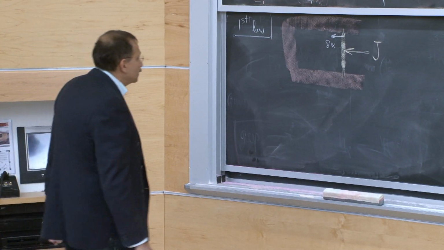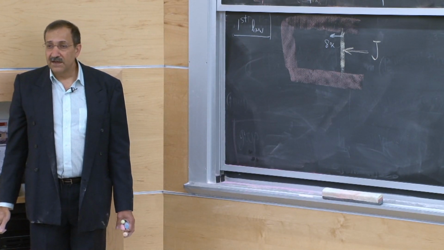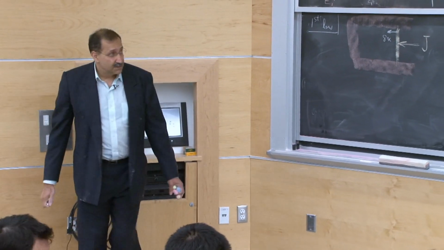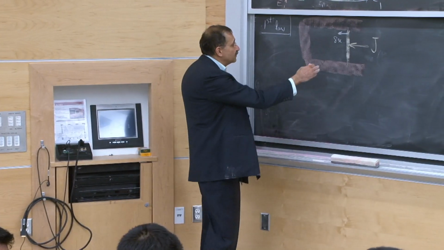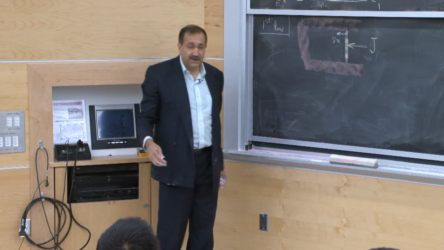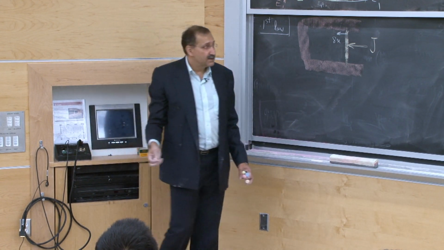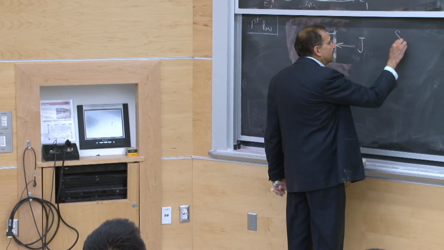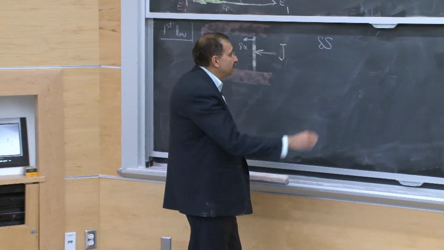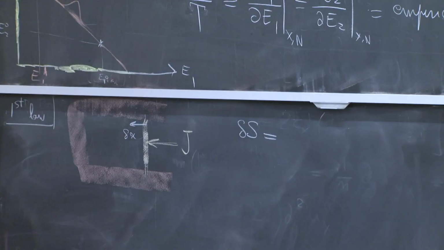So what happens if this J delta x amount of work is done on the system? Then the system goes from one configuration that is characterized by x to another configuration that is characterized by x plus delta x. And let's see what the change in entropy is when that happens. Change in entropy, or the log of the number of states that we have defined.